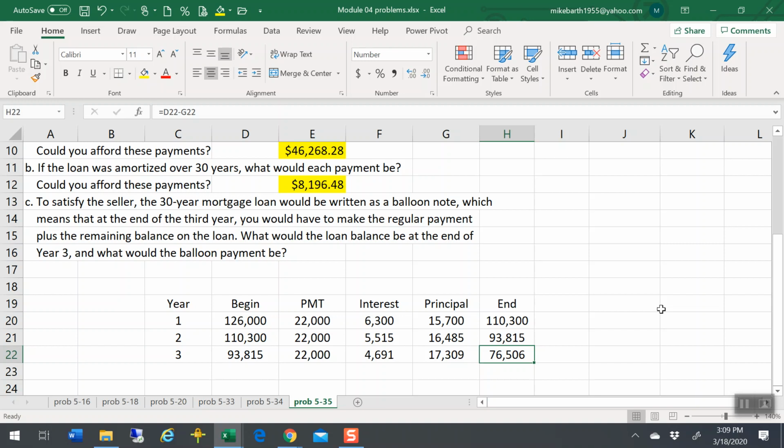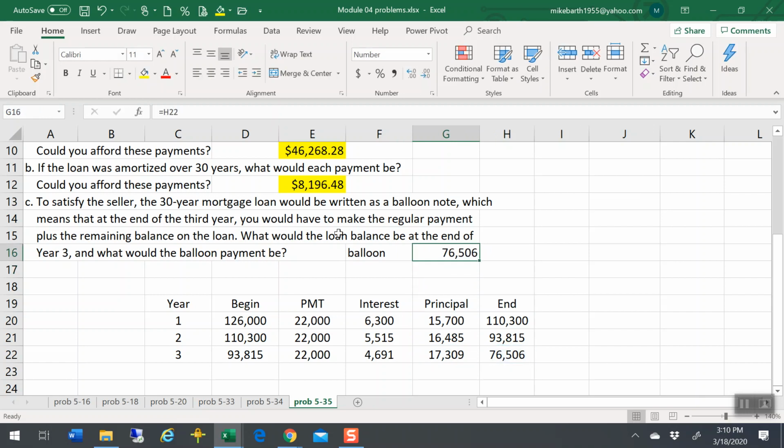And so $76,506 is what I owe after the third payment. The balloon would be $76,506.